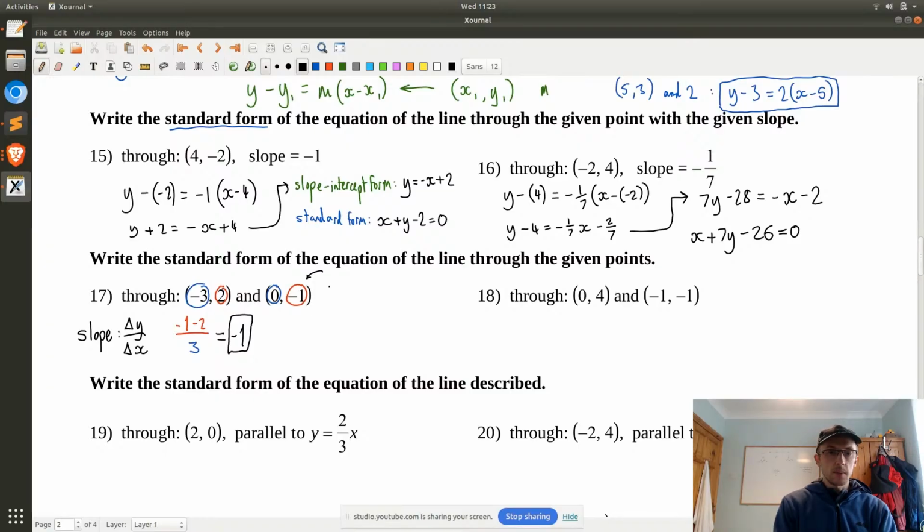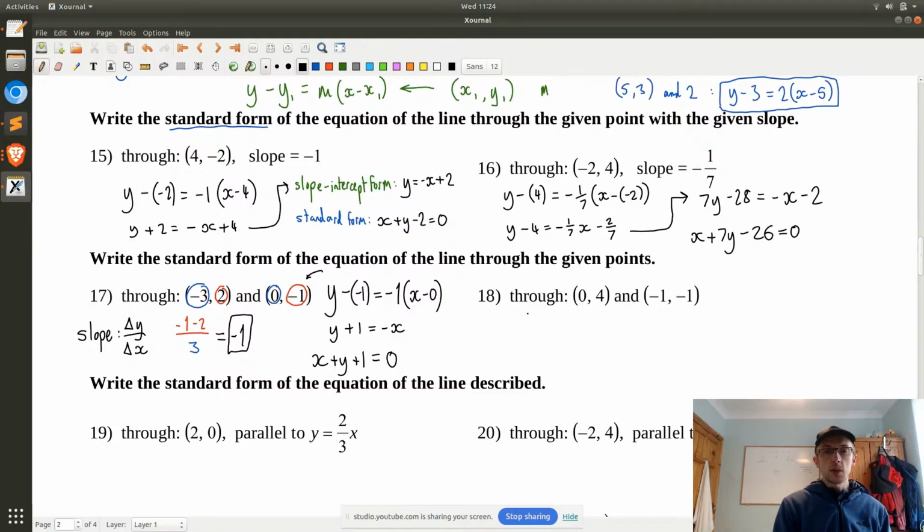So y minus -1 equals -1, that's my m, open brackets, x minus 0. Just there like that. Clean that up. So y plus 1 equals minus x. Move everything over to the left to make it into standard form, and then you get x plus y plus 1 equals 0. Exactly what we want.